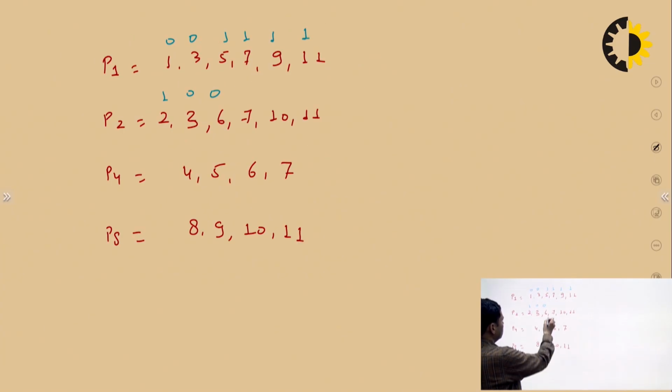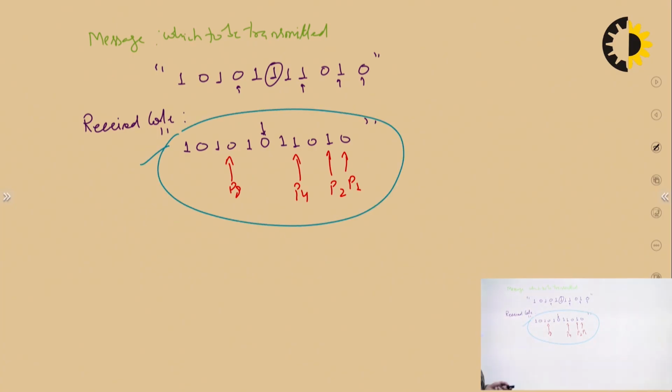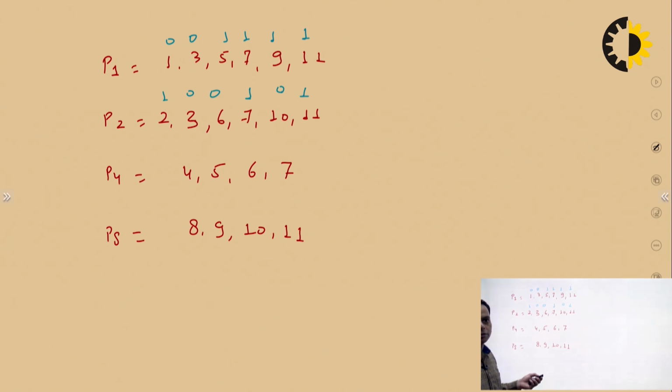Then the 6th and 7th positions have 1, and the 10th position has 0 or 1. These bits we can now write from this code. We are writing with this received code. The positions we are getting from this are only for reference.